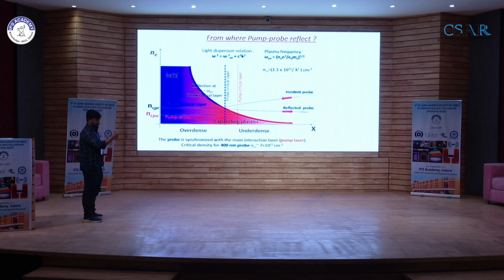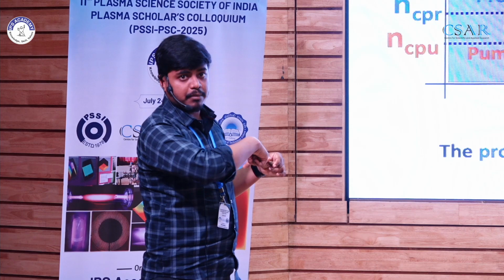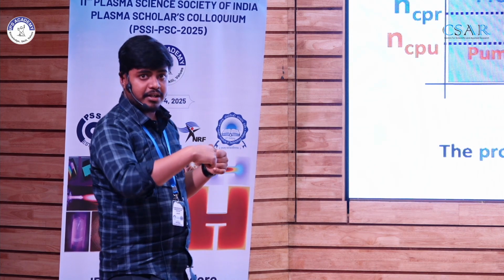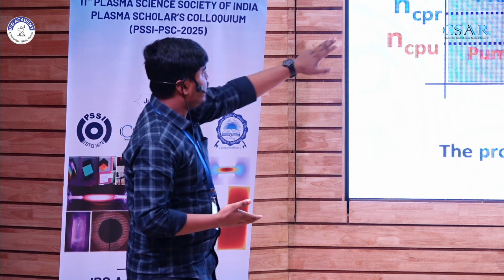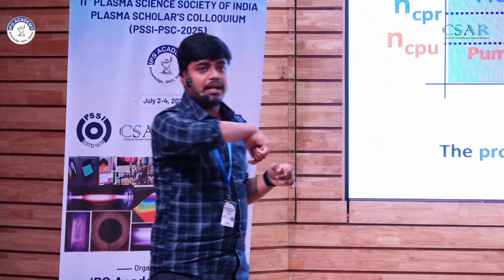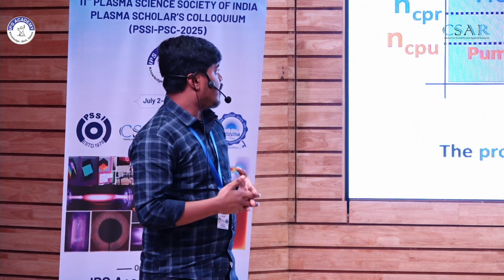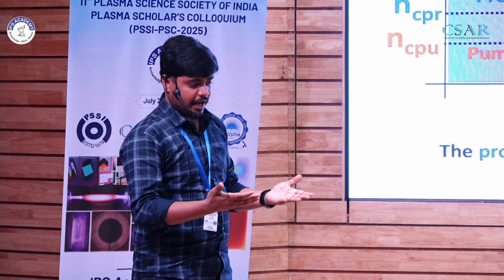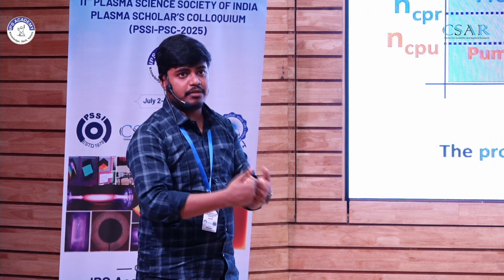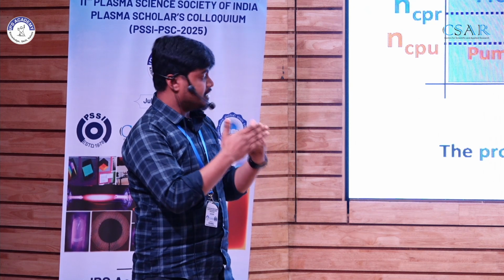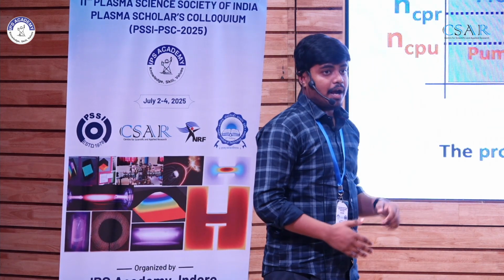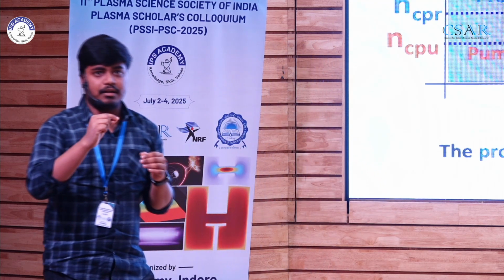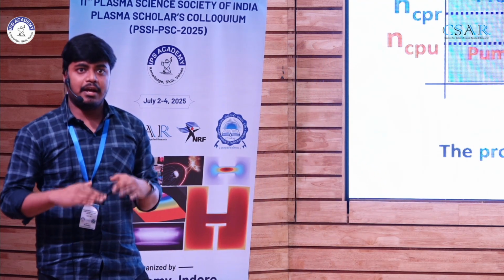So if you have an input light of frequency omega, it cannot go beyond a certain distance inside the plasma, because otherwise it will either get reflected, or it will get absorbed or become evanescent in the plasma. So the place from where the light reflects, we call it the critical layer of the plasma. Whatever light we are sending, let's say a 400 nanometer light or an 800 nanometer light, this critical layer position will change with whatever omega we are sending. And then we are just seeing where that surface, the critical layer in the plasma, is.